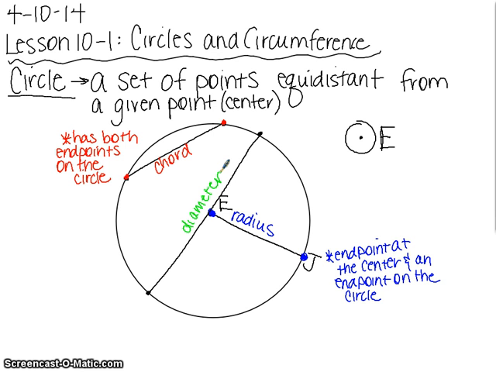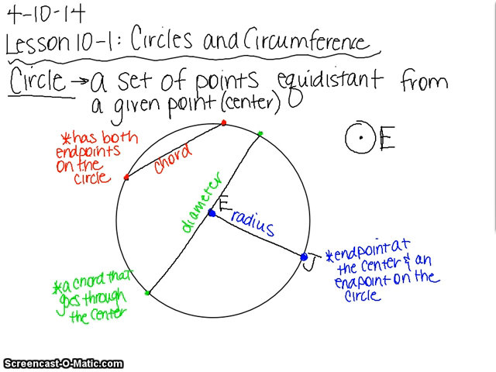And a diameter is just a special kind of chord. A diameter is just a chord that goes through the center. That's all. But it is still a chord because you'll see that the endpoints are on the circle. Okay, so these are all segments.